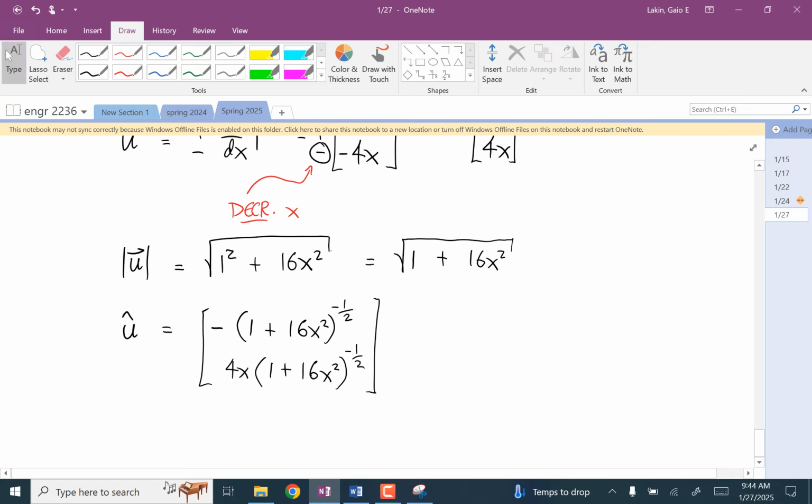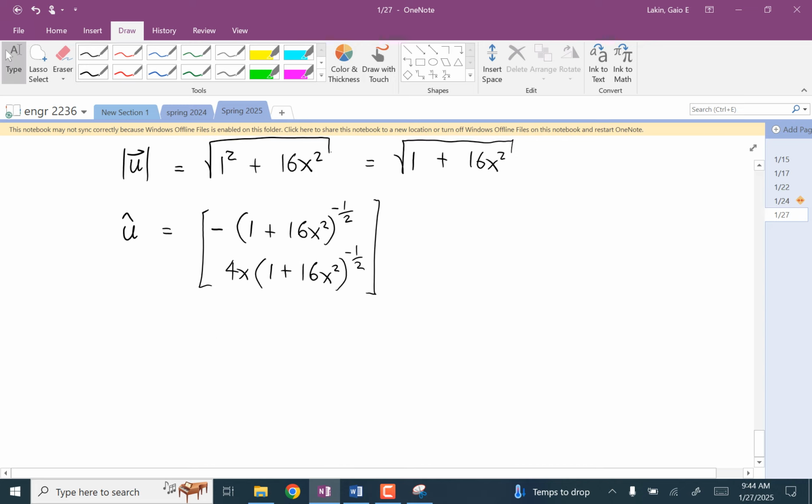And now we want the velocity as a function of x. And so we're just multiplying this unit vector by the speed. So the velocity as a function of x is, the speed was 4, so multiply both of these by 4, you get negative 4 times the quantity 1 plus 4x squared to the negative 1/2. And then in the y component, 8x times the quantity 1 plus 4x squared to the negative 1/2.